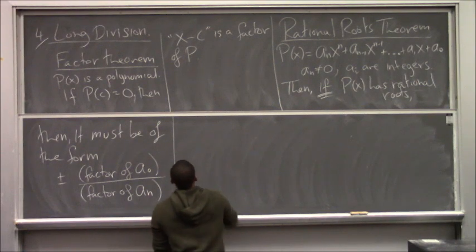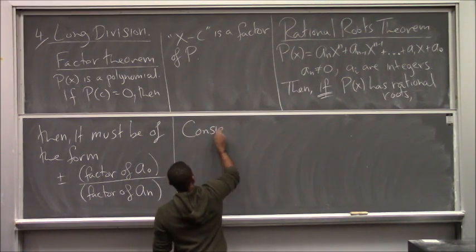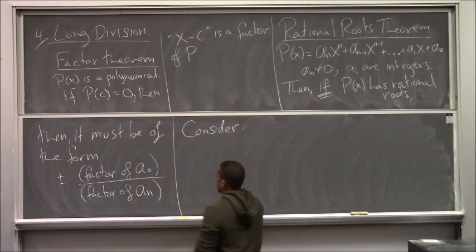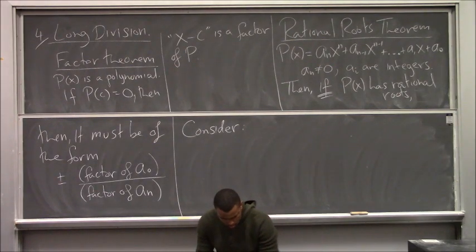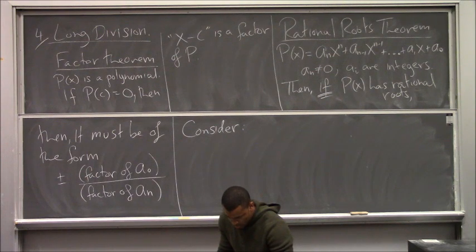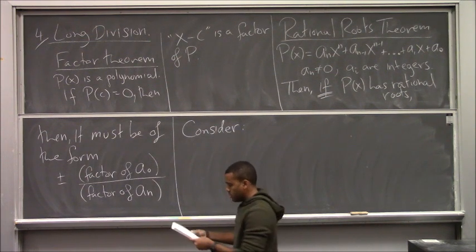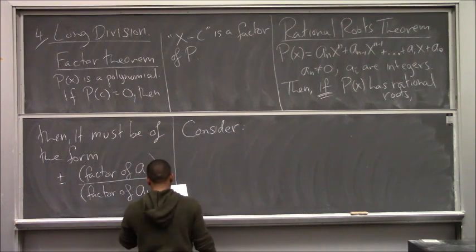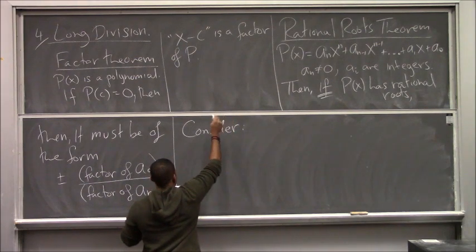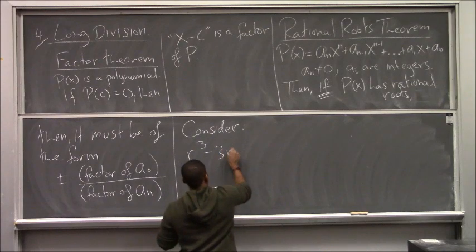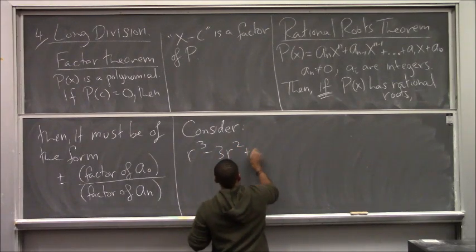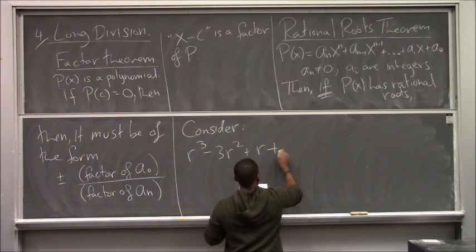So consider this polynomial. Let's look at r cubed minus 3r squared plus r plus 5.